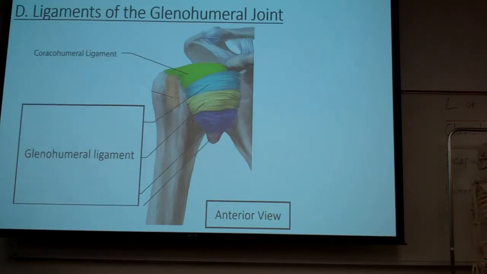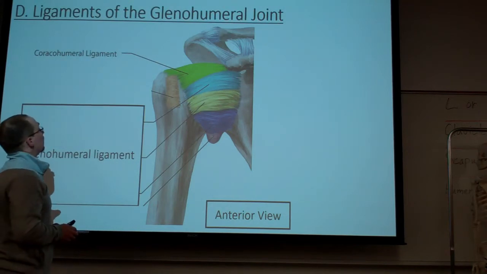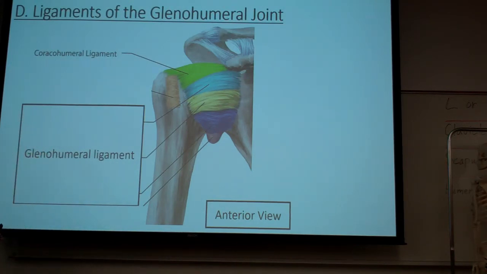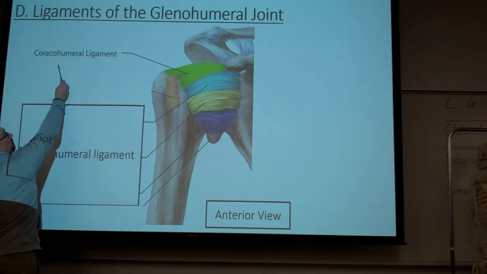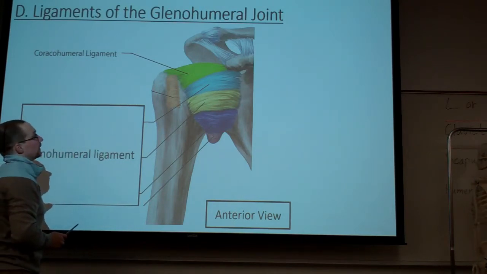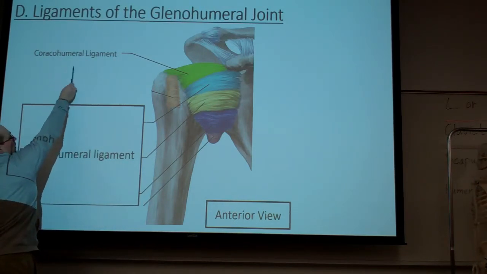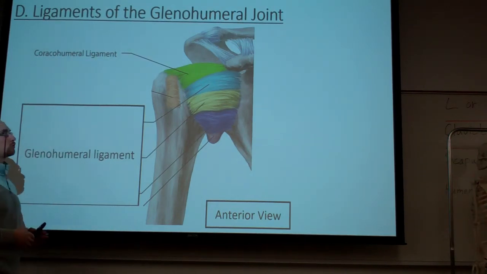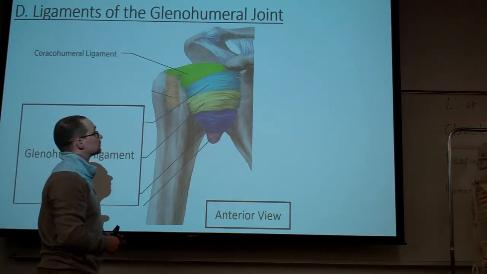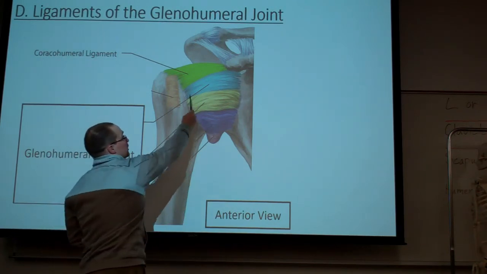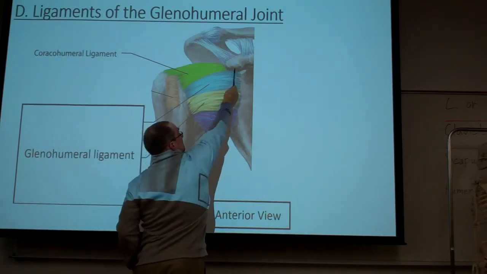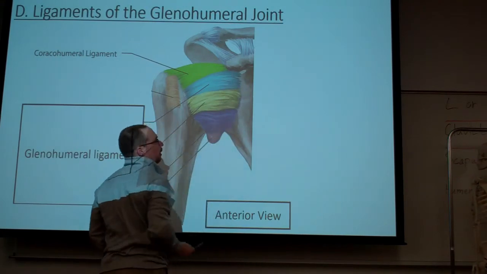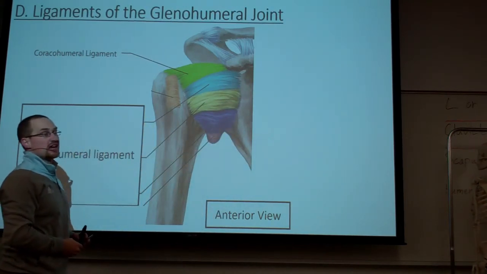Then to hold that in place, we've got a couple of different ligaments. One is the coracohumeral ligament. Humeral means humerus, and coraco means the coracoid process, which is in green here. The coracoid process is one part that sticks out of your scapula.